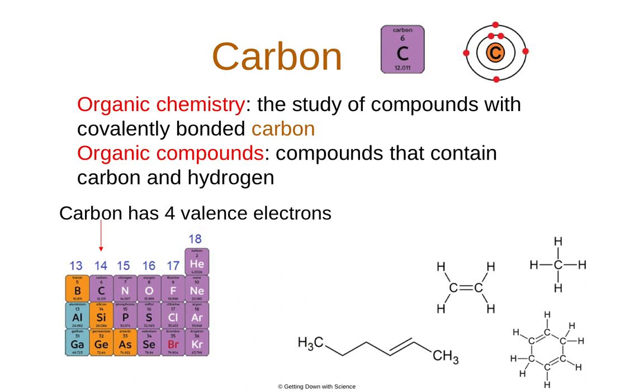If you look at carbon on the periodic table, it's in column 14, and its atomic number is 6. That means carbon has 4 valence electrons. It's this valence structure that gives carbon such variety of options when it comes to bonding. It can form double bonds.